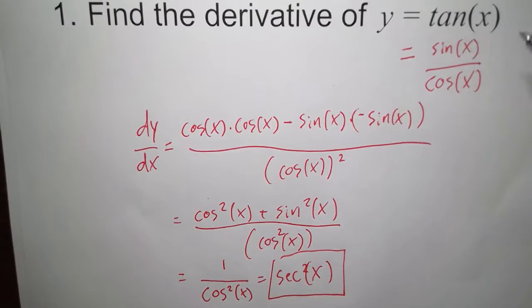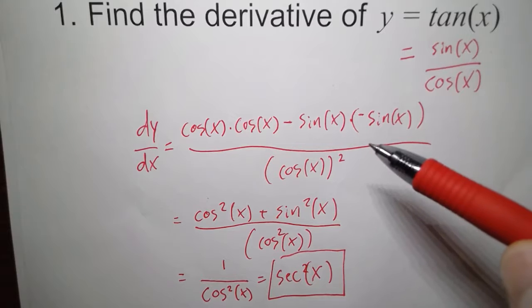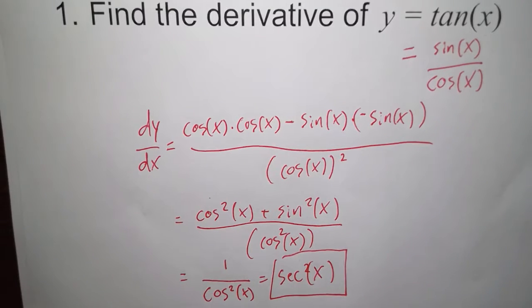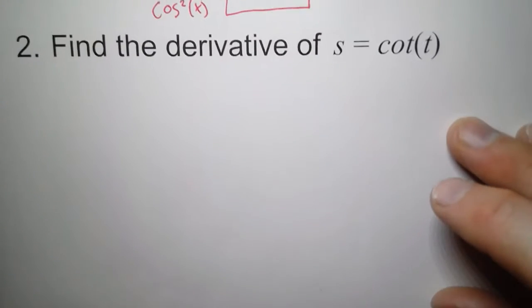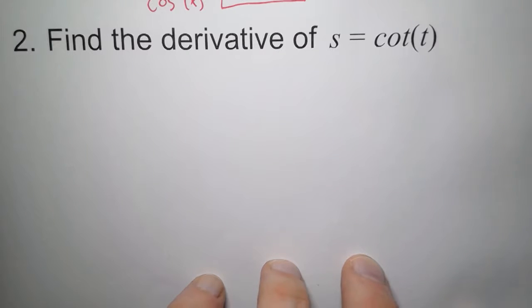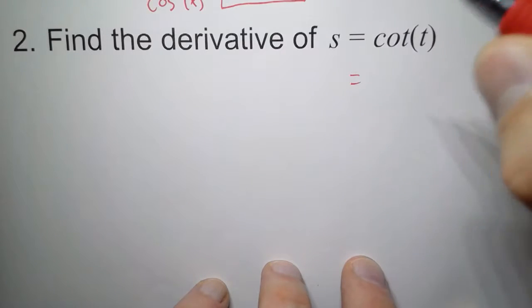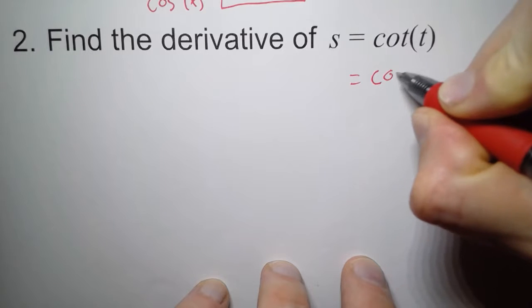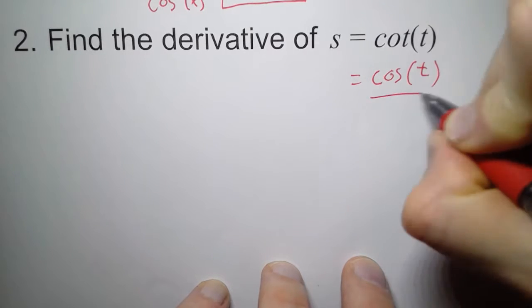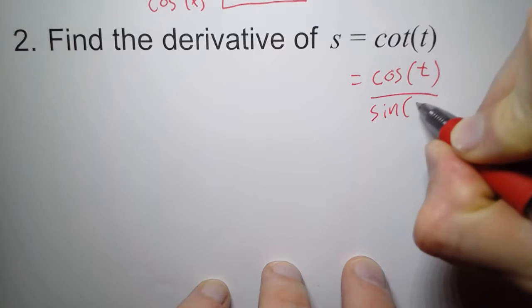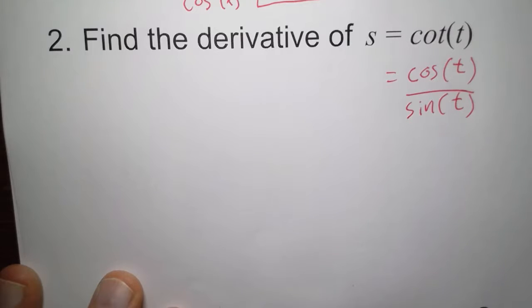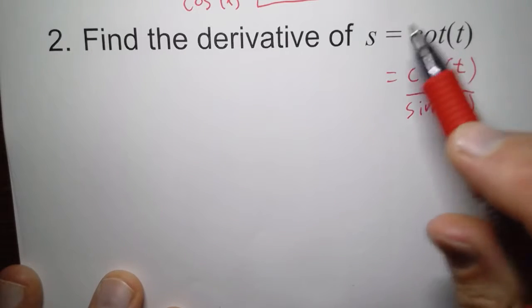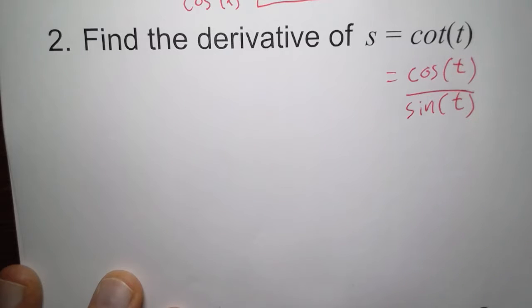Again, we wrote it as a quotient, and then we applied the quotient rule. And so that's what we're going to continue to do with these other examples. So let's go on to the next one. So at the next one, we have s equals cotangent of t. So when we write this, this is going to be cosine of t on top and sine of t on the bottom. So now that we've written it as a quotient, let's write our derivative. Now here we don't have x and y, here we have s and t, but that's okay. t is our independent, s is our dependent variable.